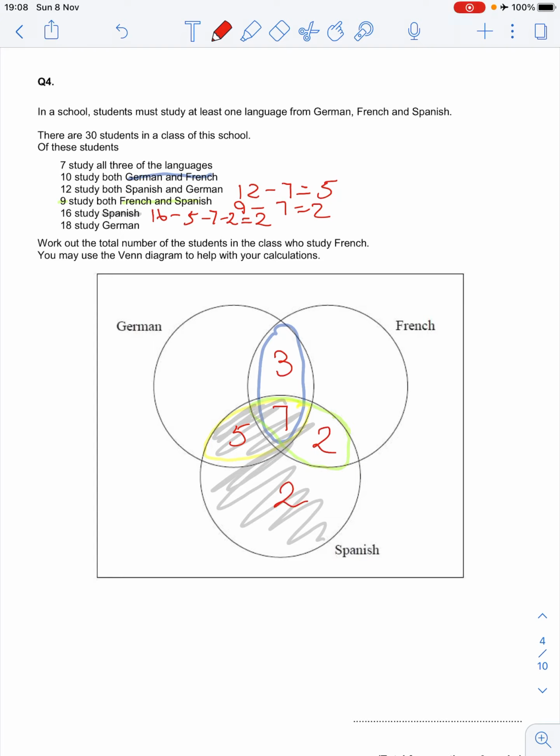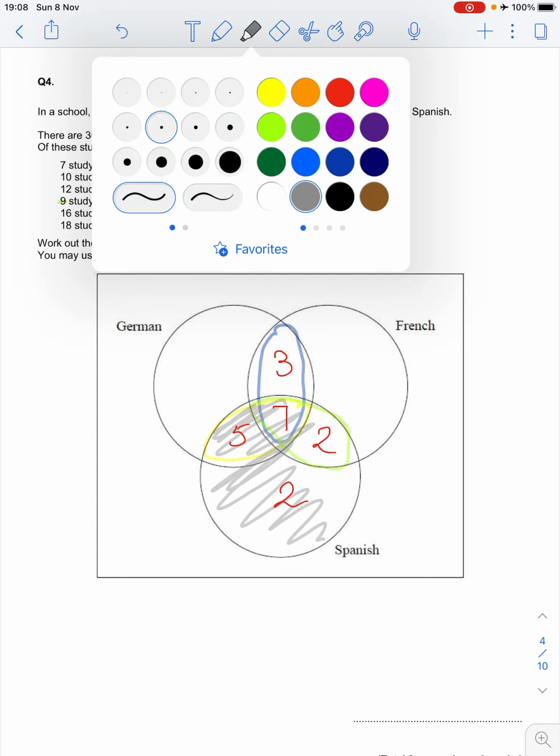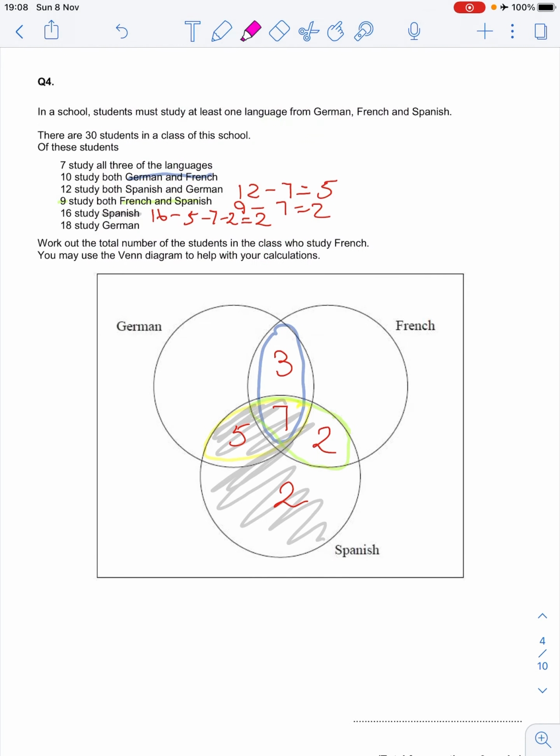Then we know 18 study German. This means in this big circle here, it has to add up to 18. And we have 18 take away the 7 here, take away the 5 here, take away the 3 here. We have 3 remaining, so 3 goes in here. Now the German circle adds up to 18 students.